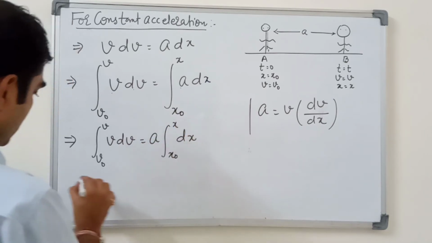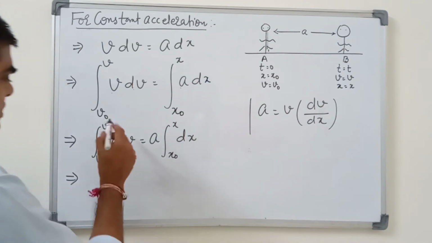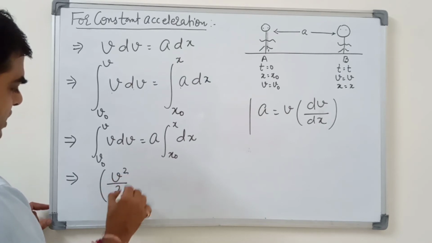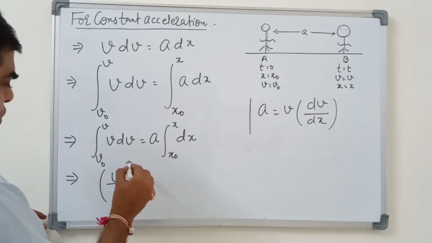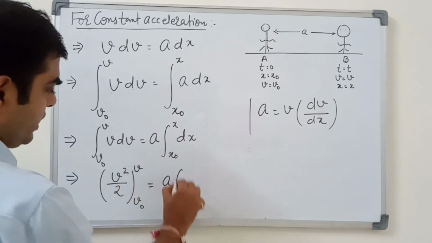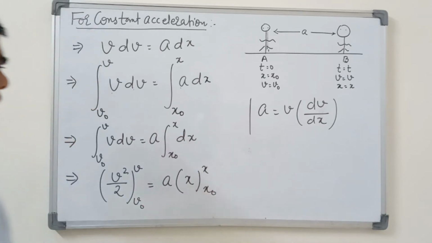Now v is to the power 1, so the integration of v dv is v square by 2, because in integration the power increases from 1 to 2 and we divide by 2, with v naught as the limit. Now a and integration of dx gives x minus x naught. All of you got it?